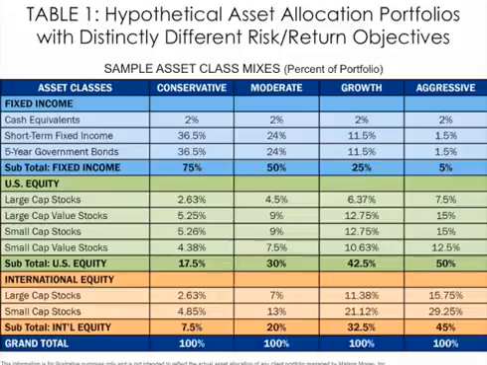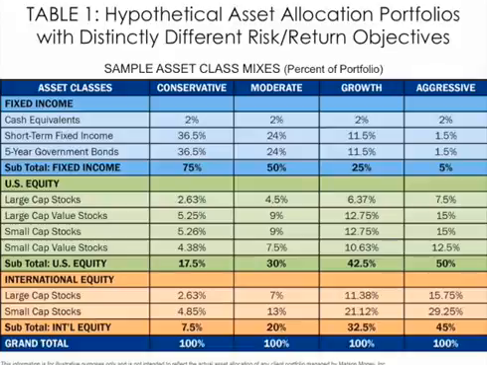A growth is moving us down to 25% of fixed and then 75% spread between, as you can see, U.S. equity, international equity, and then the aggressive is very aggressive with only 5% invested in the fixed income asset class and 95% spread among U.S. equity 50 and international equity 45.